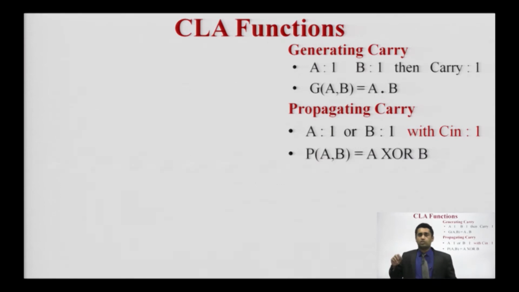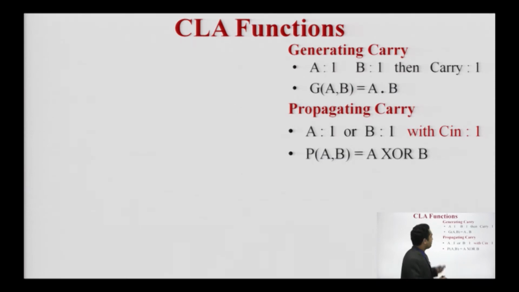When we are talking about the generation of a carry, if I am talking about two 1 bit numbers, in this case if the value is 0 0, means A is 0, B is 0, what is the output? No carry is generated. 0 1, no carry is generated. 1 0, no carry is generated. Means the generation of a carry is only when we have both the ones. So in this case, if both the ones are there, my output is a carry.